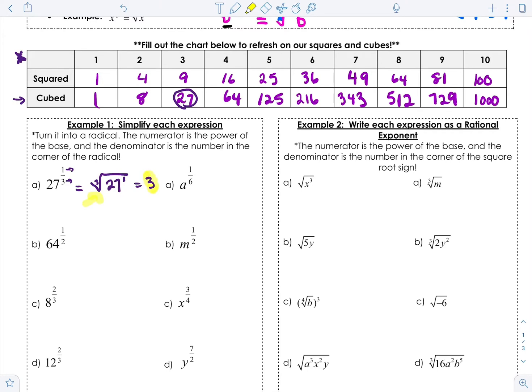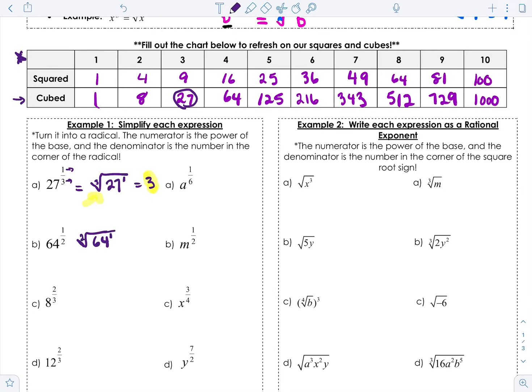With 64 raised to the half, we already said that anything raised to the half is just the square root of that base. So this could be written as the square root of 64. That's a no brainer, but why is it that way? Because our index is 2 and our exponent is 1.